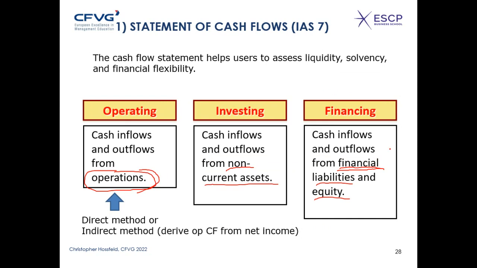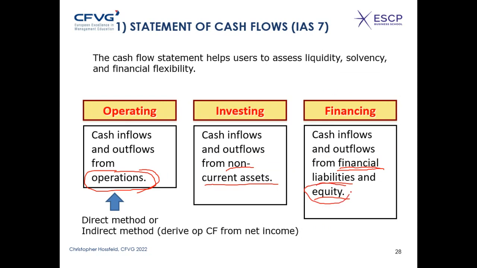So here, financing cash flow, for example: I contract a new bank loan. Therefore, the bank gives me money. That would be a financing cash inflow, plus. Or I reimburse a loan. Therefore, I pay money to the bank. That would be a financing cash outflow, minus. I pay dividends to my shareholders.